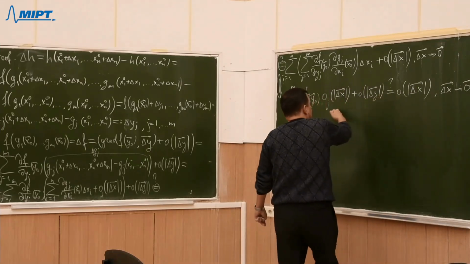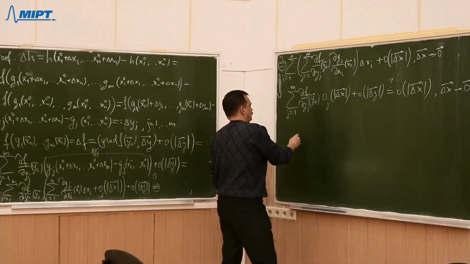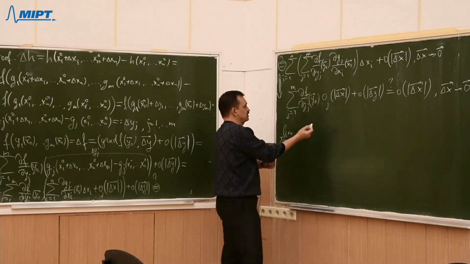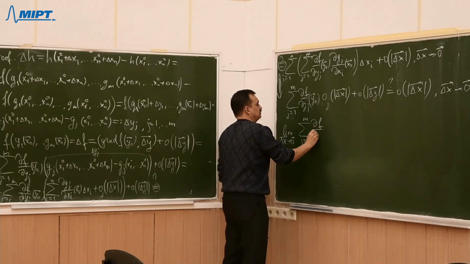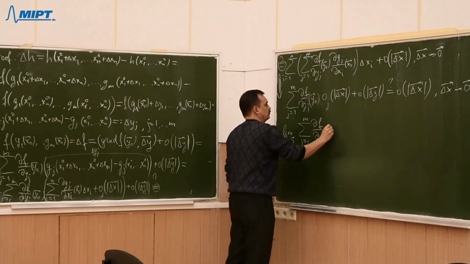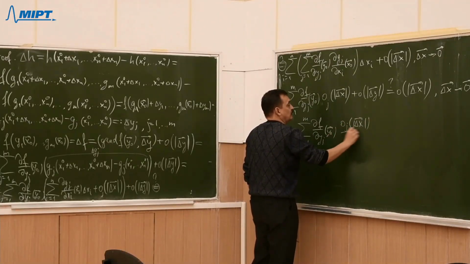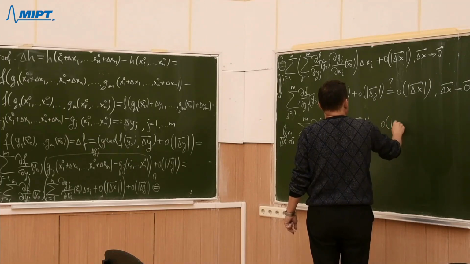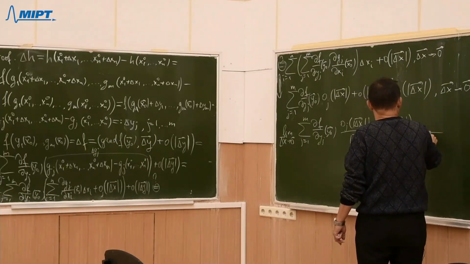So how to prove that something is little o of delta x? We need to divide it by delta x. So we need to check the limit as delta x tends to 0 of this expression, sum over j from 1 up to m, partial derivatives with respect to yj at y naught times little oj of delta x over delta x plus little o of delta y over, yeah, I'll write like that for a while.